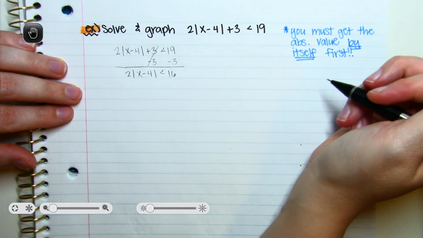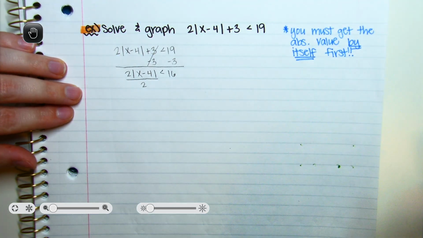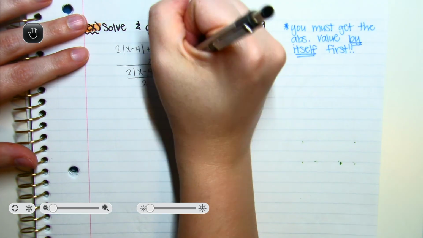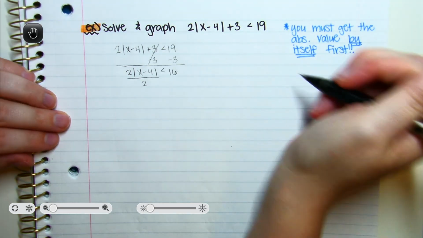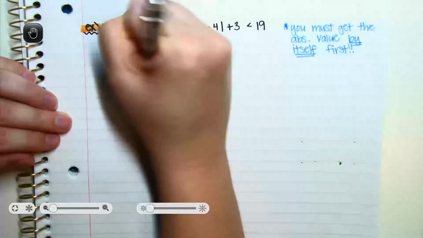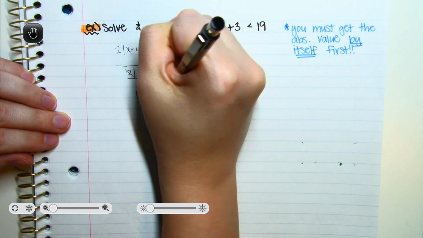Now I need to divide both sides by 2. Sorry, that may be a little hard to read too. Let me write that 6 a little nicer, in case you're watching this without sound. All right, divide both sides by 2. Now I'm left with just the absolute value of x minus 4 less than 8.